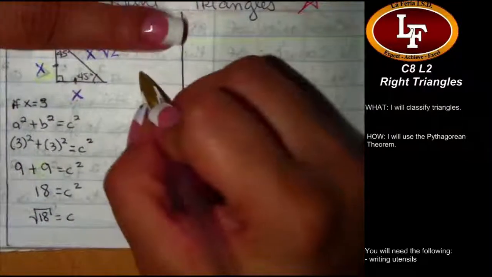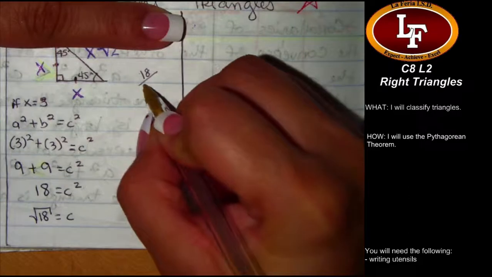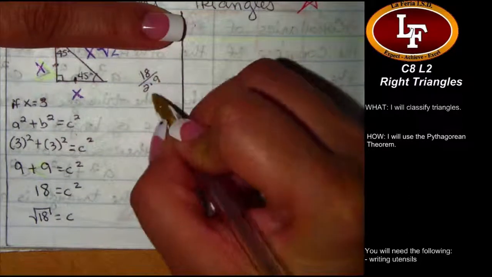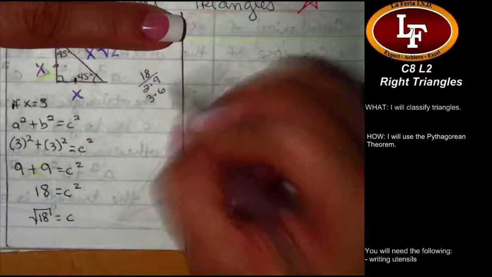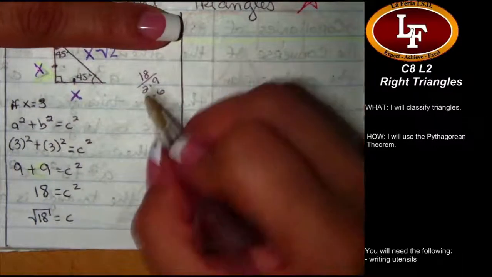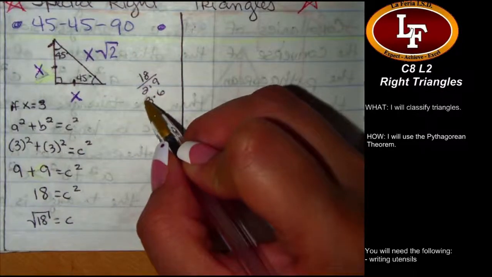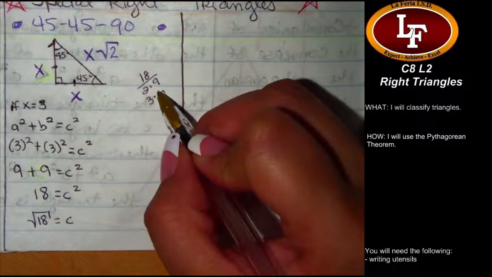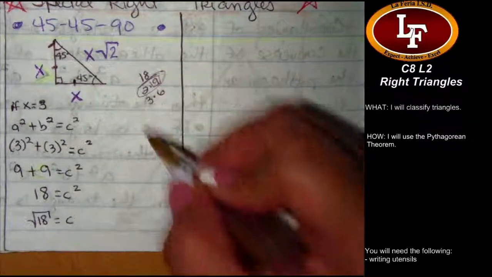What are the factors of 18? 1 and 18, 2 and 9, 3 and 6. I think that's all of them. Is 2 a perfect square, meaning that it's got a whole number square root? No. Does 9 have a whole number square root? Yes. So this is the pair I'm going to use.